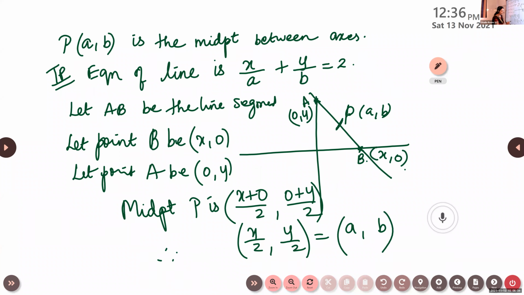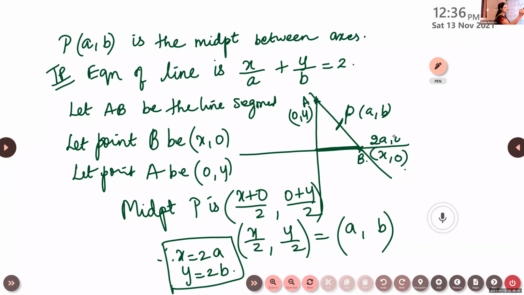So x will be 2a and y will be 2b. That means this point is (2a, 0) and this point is (0, 2b). In other words, x-intercept is 2a, y-intercept is 2b.